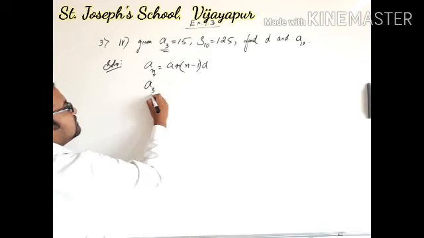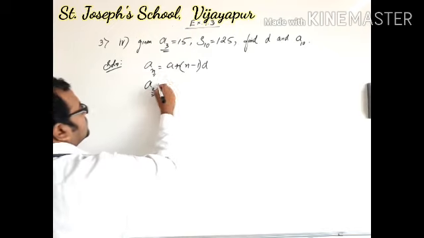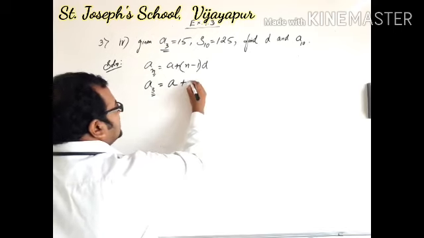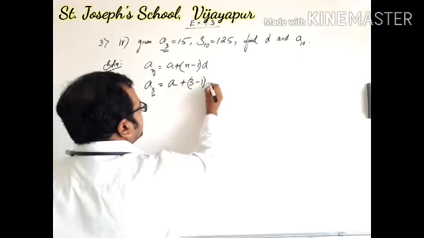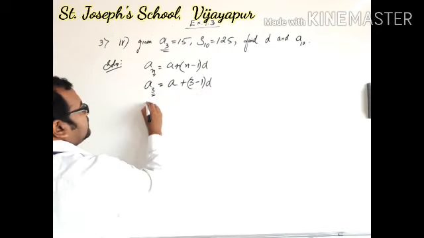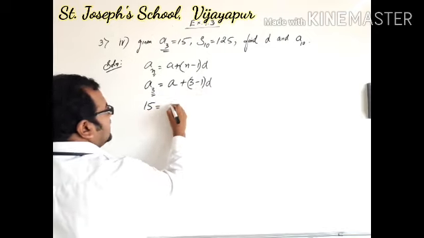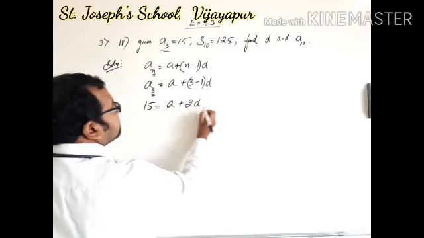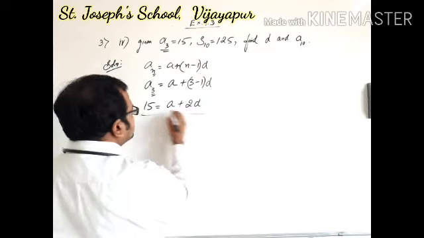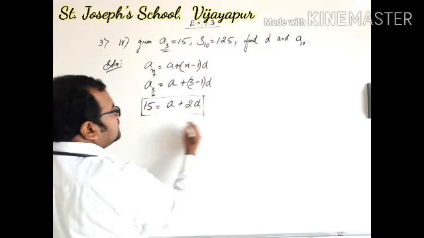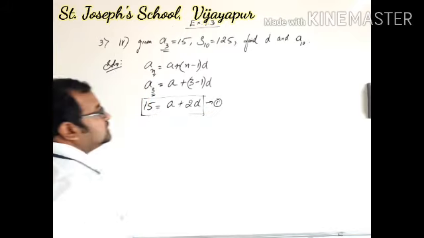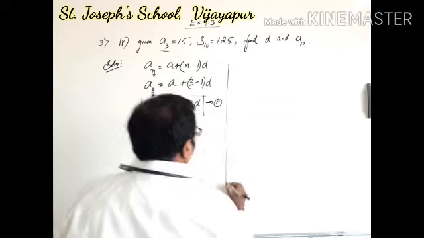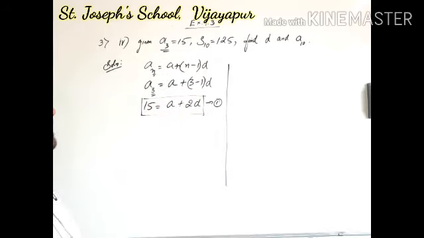So our N value becomes 3, equal to A unknown plus N is 3 minus 1 into D. A3 value is 15, which is equal to A unknown plus 2D, D also unknown. Again in this case we have two unknowns. Then we store this equation as equation 1. In such a situation we store it as equation 1. Let us see from further given data what you can find out.